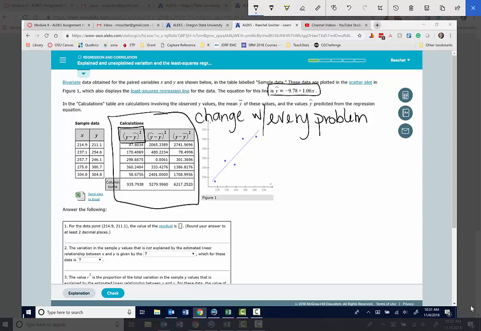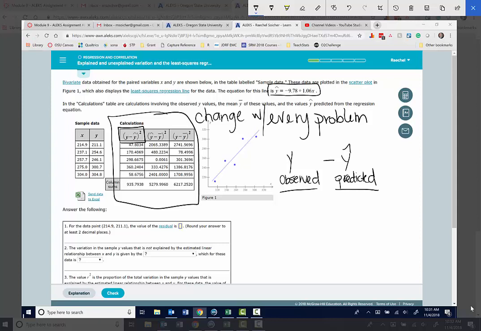In this case, y is your observed values minus y hat, your predicted values. So basically what we're trying to find is how far off our predicted values are from the ones we actually observed in our data.